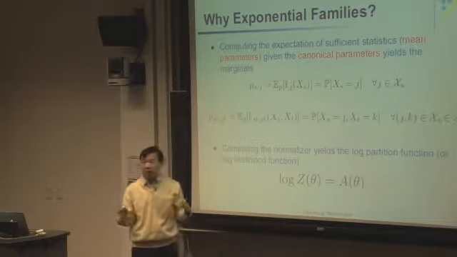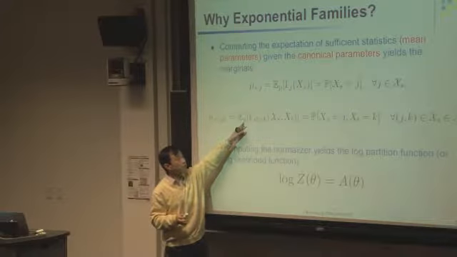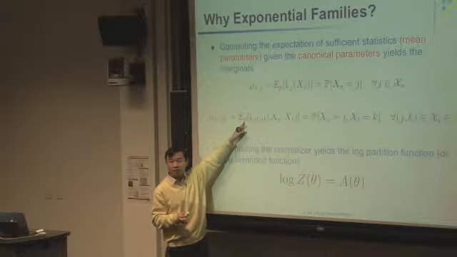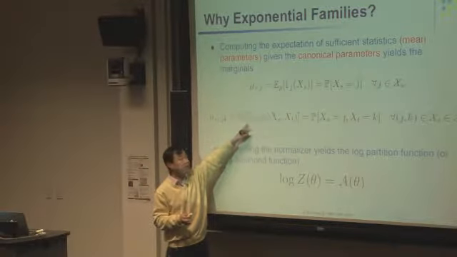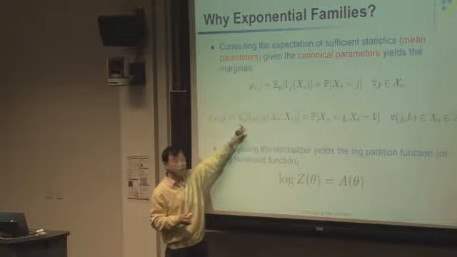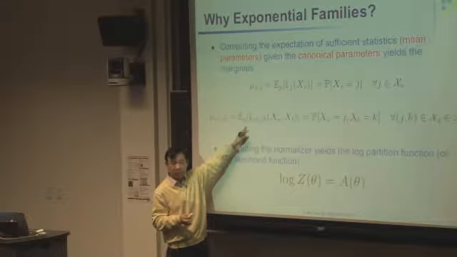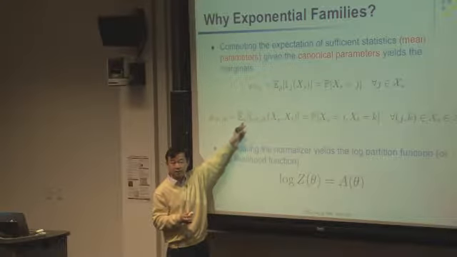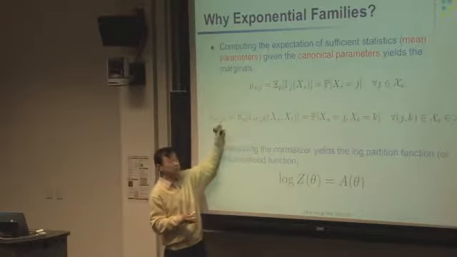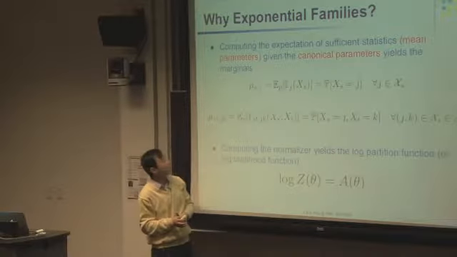Okay, how to establish that? So here we have a P, right? This is the expectation of the sufficient statistic over the true distribution P. P is parameterized by theta, the canonical parameter, right? And once you take the expectation, you also get the estimation of the mean parameters.